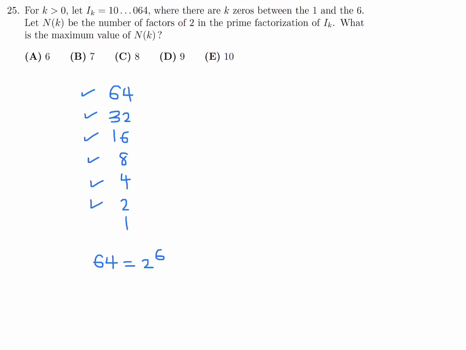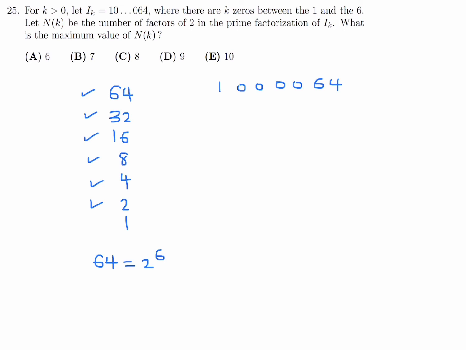So that means it looks like 6 is the only way, no matter what the number is. But there's one other scenario when you have very large numbers. And that is, you can have some big large number, let's say 1000064.